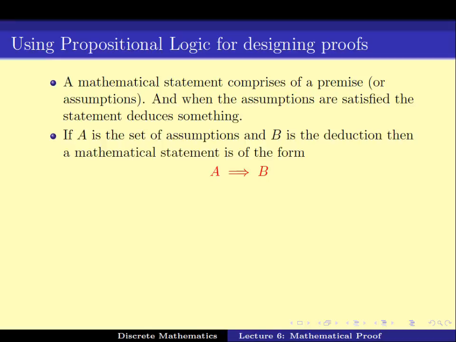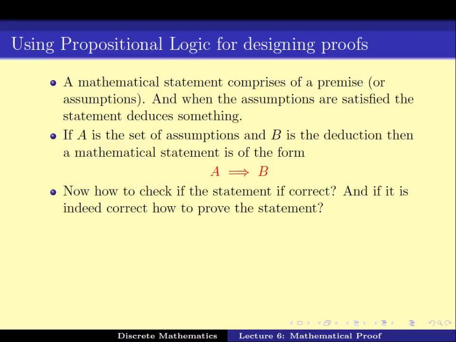Or in other words, it is of the form A implies B, where A is a set of assumptions and B is a deduction of the mathematical statement. Now, how to check if the statement A implies B is correct? And if it is indeed correct, how do you prove the following? Prove the statement A implies B?